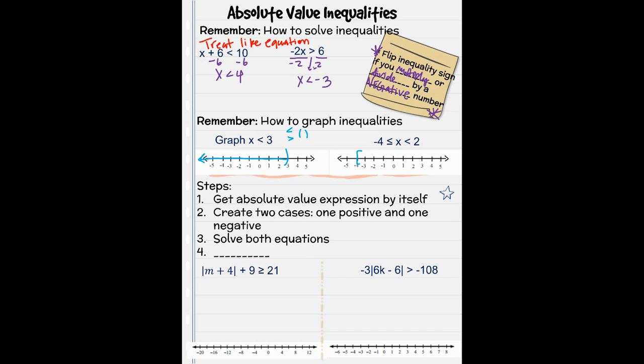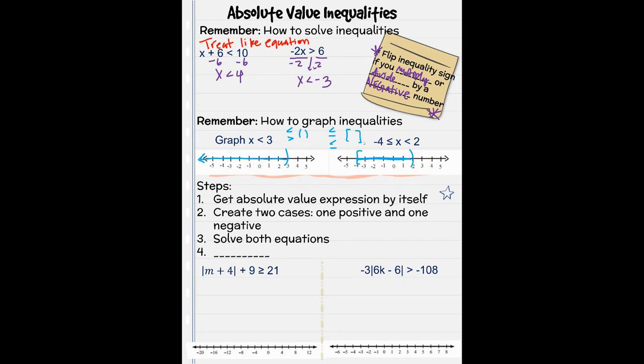And at my 2, it's just a less than, so I'm using my parenthesis. And I'm drawing a line in between those numbers. So if you've got a less than or equal to or greater than or equal to, you are using your bracket on your number line. So that's all there is to it, you're just drawing on the number line where it goes to, okay?